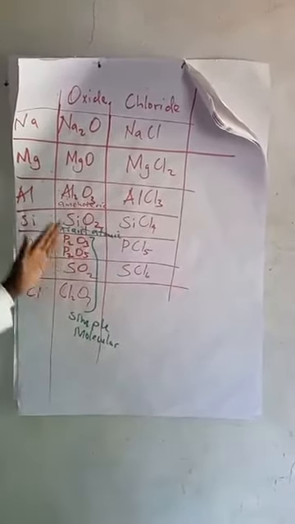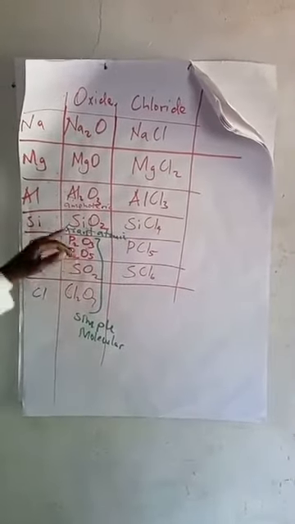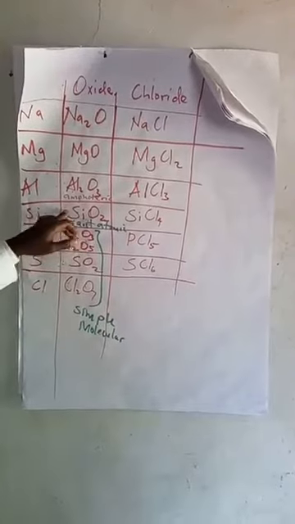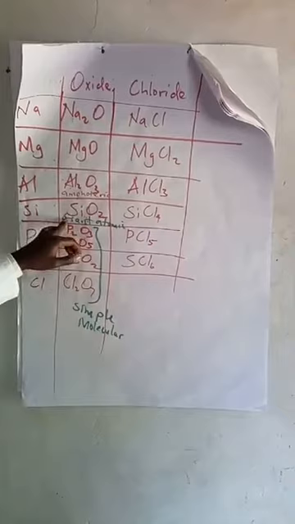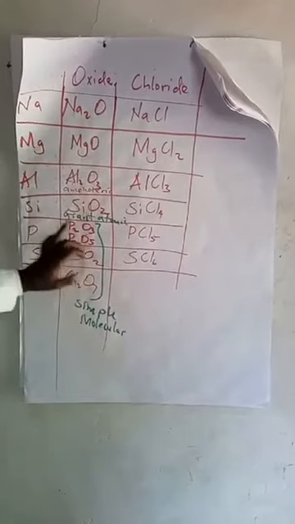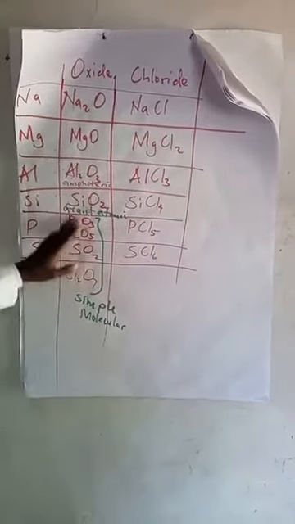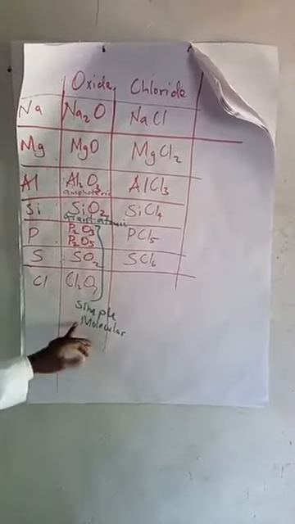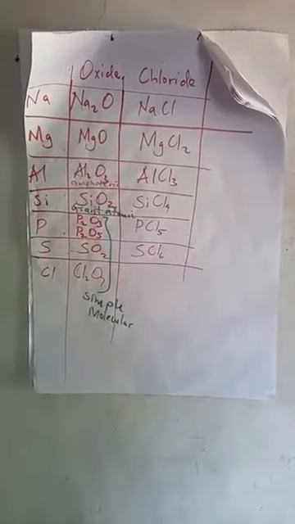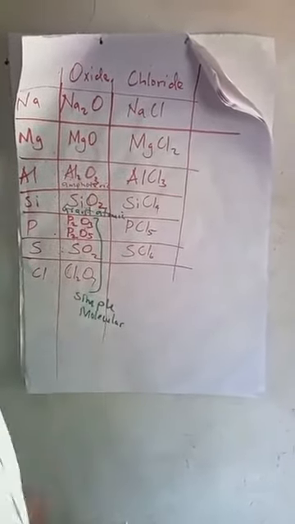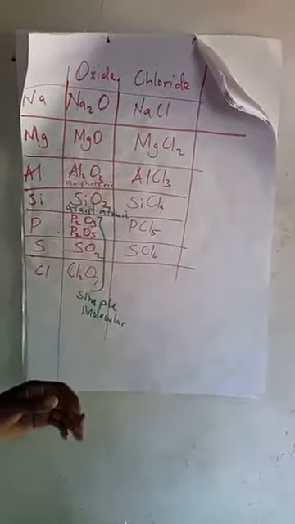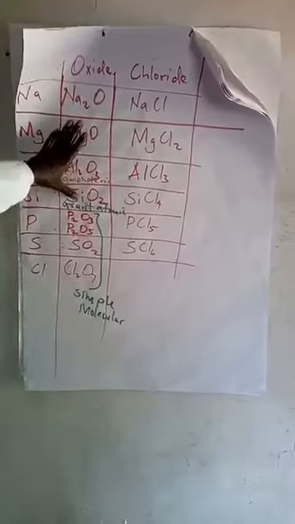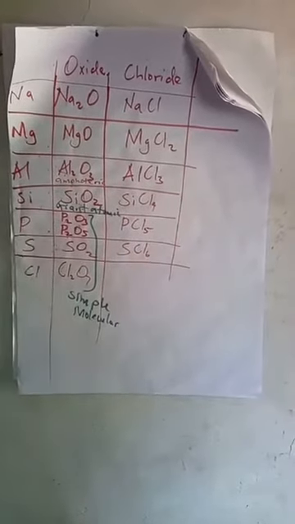These four here are covalent compounds, and the structures are, for silicon 4 oxide, giant atomic structure, and for these others, simple molecular structures. So from left to right, you proceed from ionic to covalent bond. So that is it.